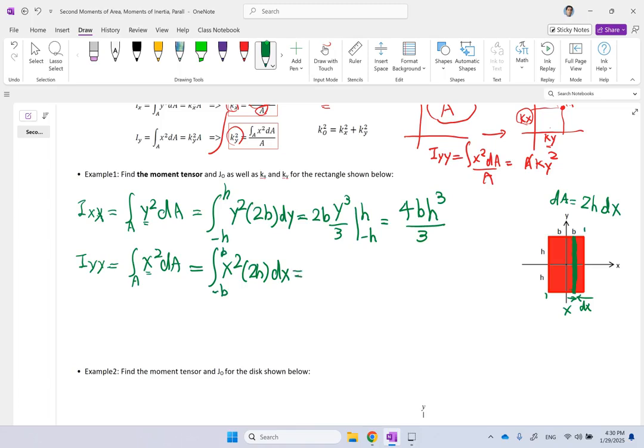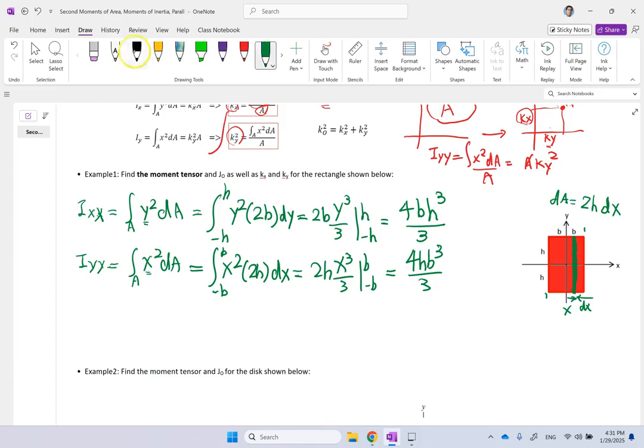And very similarly, you are going to get 4h b cubed over 3. So you see they are very similar, except one is power 1, the other one is power 3. Here they are swapped.